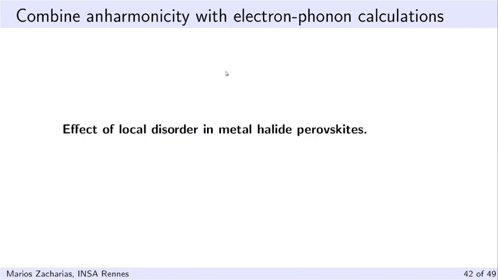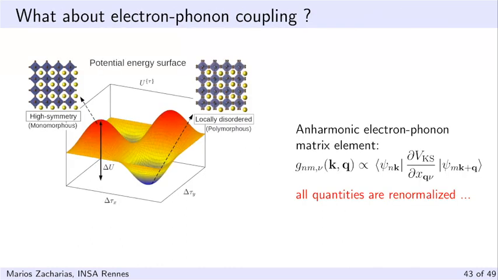So what is the effect of local disorder now in metal halide perovskites, and how can we combine anharmonicity and electron-phonon calculations to compute the temperature-dependent band gaps in these fancy systems. So as we said before, we have a monomorphous structure, which represents the local maximum in the potential energy surface, and a polymorphous structure. So we use the polymorphous locally disordered structure.